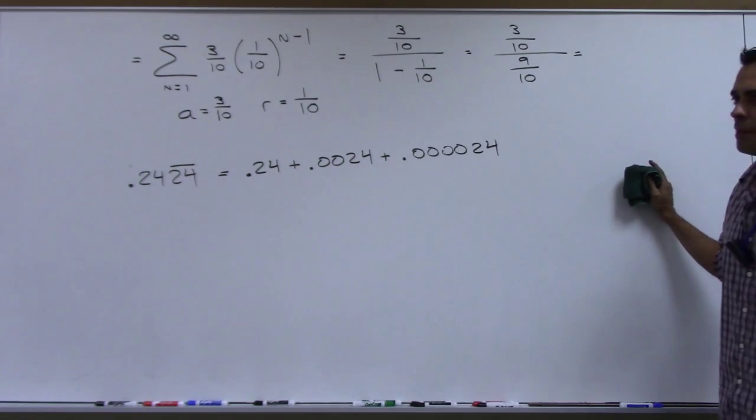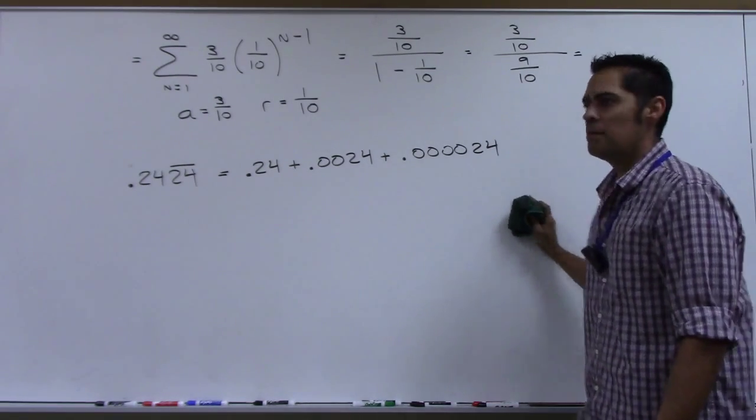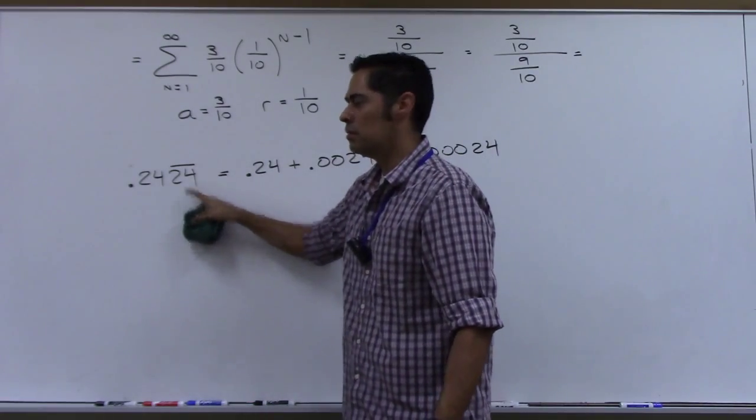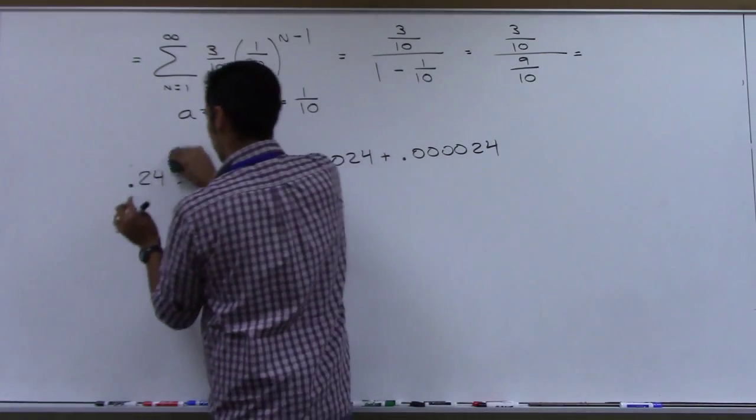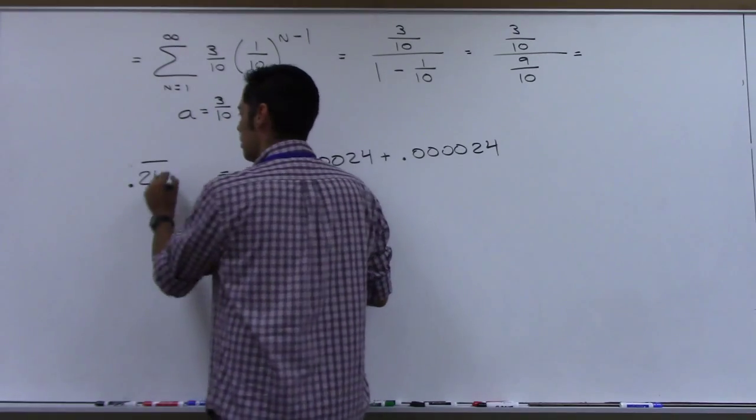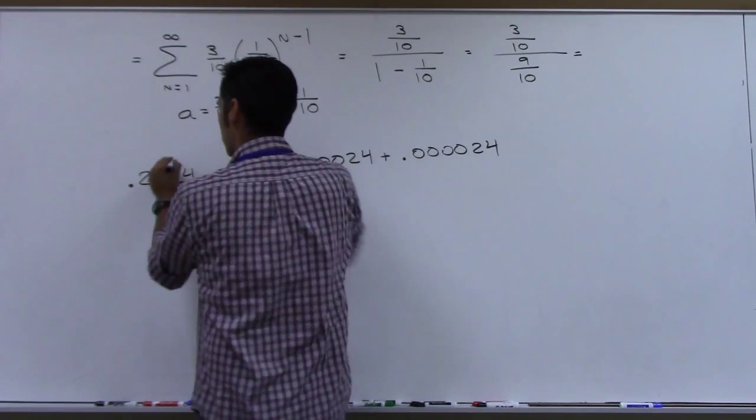Because the 2 and 4 repeating, it's your 2 decimal places. That's right. The bar goes over both 2, 4. I could have just written this, but just to show you the pattern is the 2, 4, I wrote it like that.